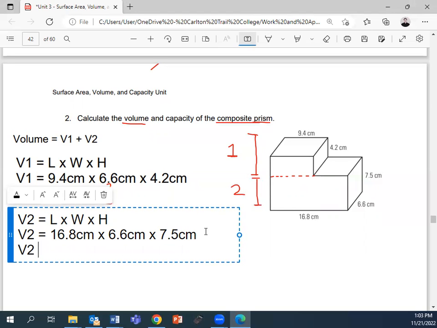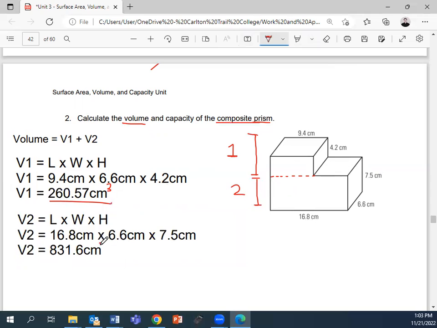Then all I need to do is calculate those out. I'm going to end up with 831.6 centimeters cubed. So that's all I need to do there.